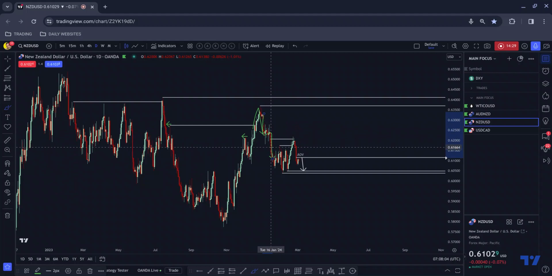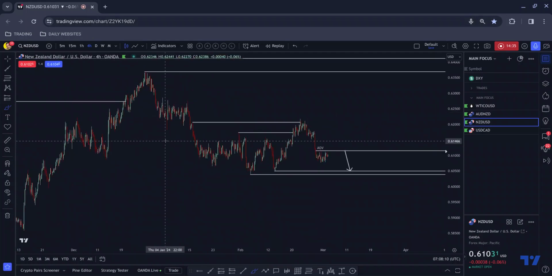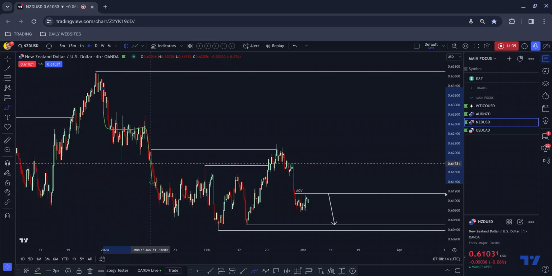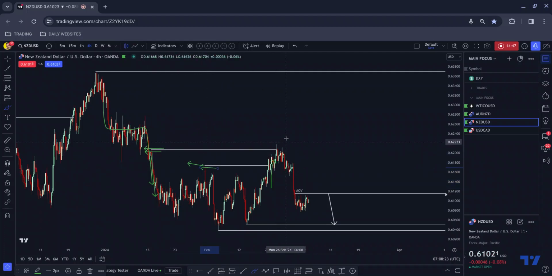So I'm just seeing this. If we just zoom in a little bit, I'm seeing this because we also have this impulse correction continuation. Price leaves a footprint, pushes down. We kind of near miss to this area, come back up, take out this high, near miss too. We do so in the form of a reversal structure with 1, 2, 3 drives.